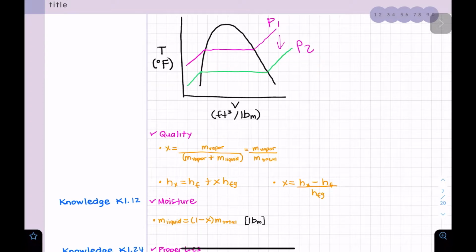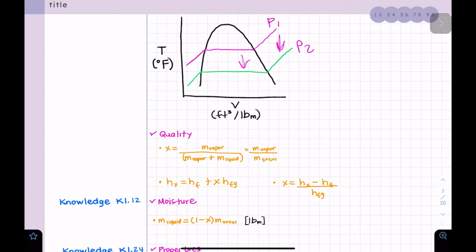Those are the kinds of questions we're going to get from GFEs, so we just need to be a little familiar with this type of diagram. If I decrease the pressure, yes, my temperature will decrease. I will have a decrease in my vapor temperature, but also in my liquid temperature, because this is part of a mixture, so I will be decreasing both.